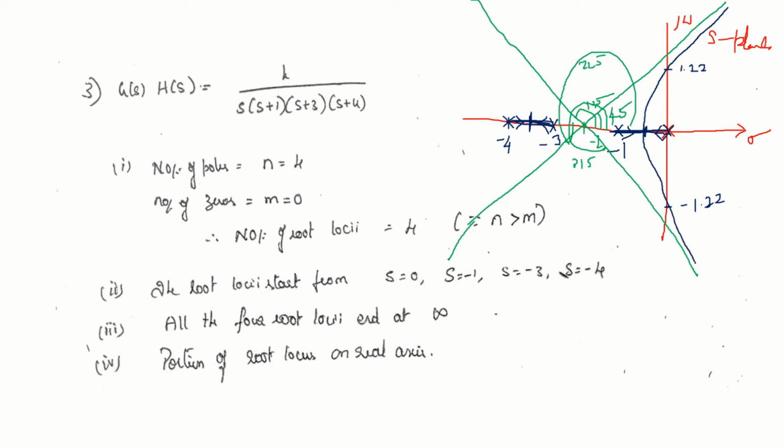You draw the root locus so that every point on the root locus must make an angle of 180 degree and magnitude should be 1. That is difficult to do that way. So it's just an approximate plot.